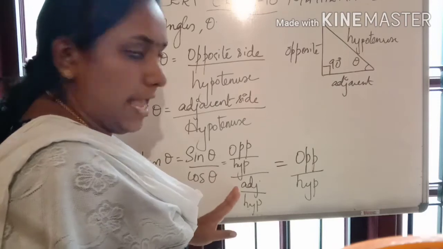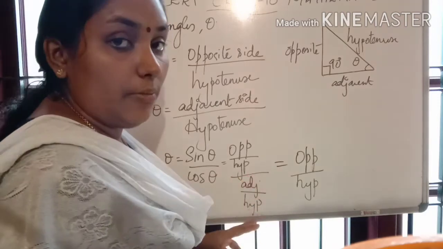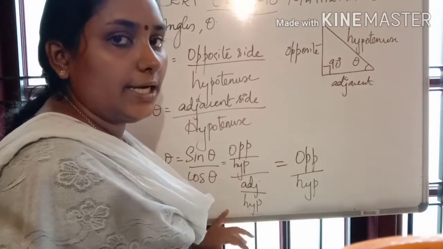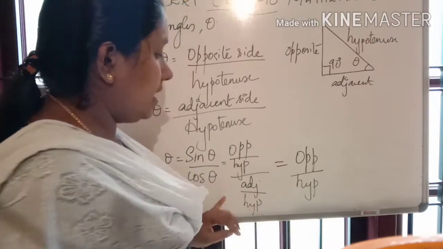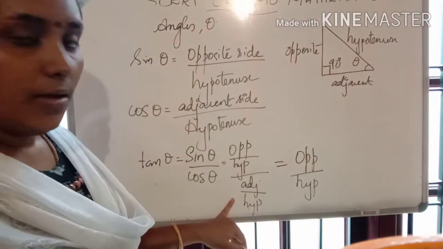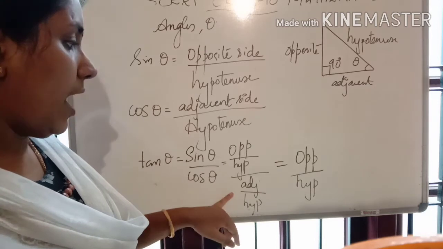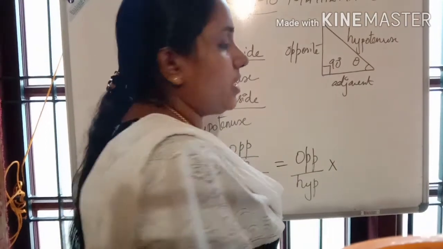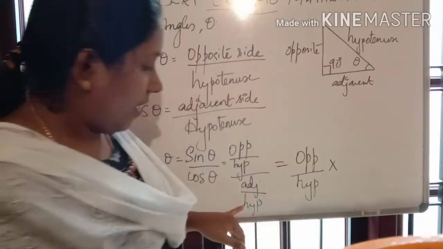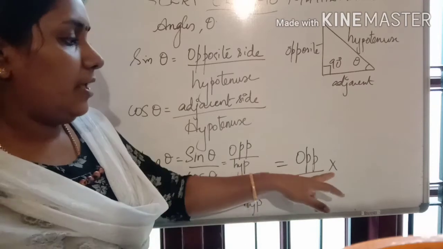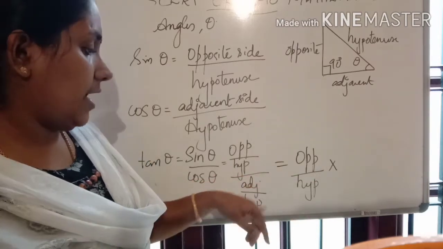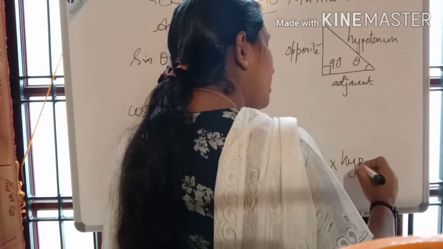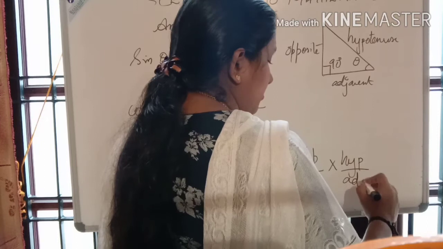So we have to take the reciprocal of the denominator, because here we have four terms in a division, right? We change the division into multiplication by taking the reciprocal of the second term: opposite side by hypotenuse multiplied by hypotenuse divided by adjacent.